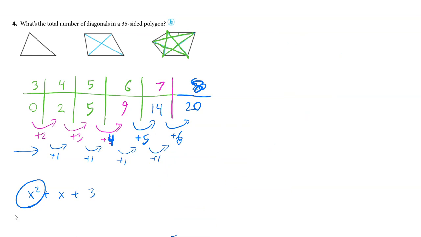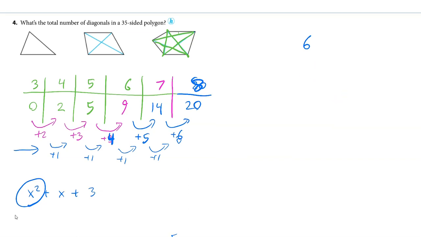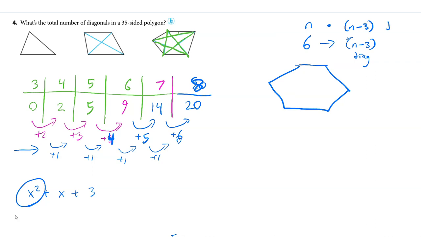Okay, so what we know then is if we have 6 vertices, then each one of those, so n vertices, can make n minus 3 diagonals. Okay, so we get n times n minus 3 diagonals.